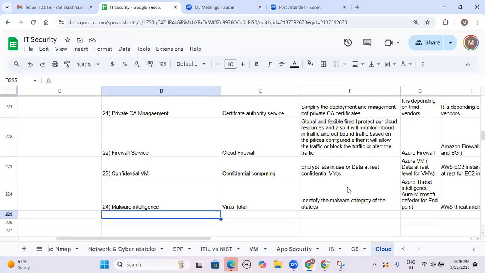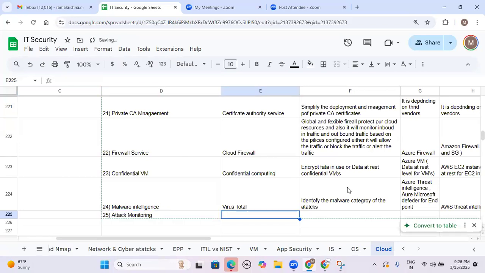Next one is attack monitoring. So what is this attack monitoring? Basically, what Google has done is Mandiant. As I said, Mandiant is one of the very famous tools right now in the market for threat intelligence feeds. So Google did the business and finally acquired Mandiant.